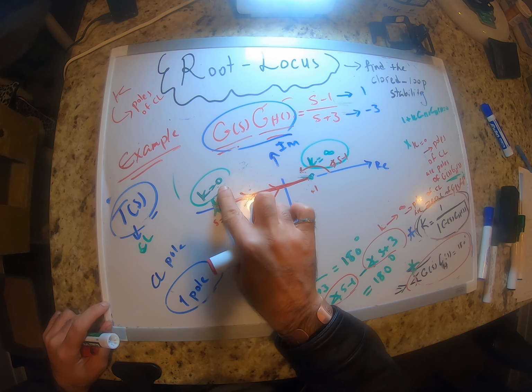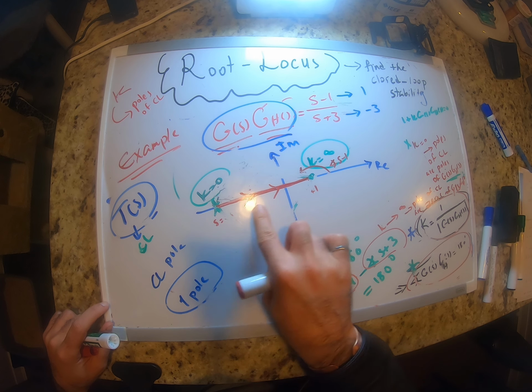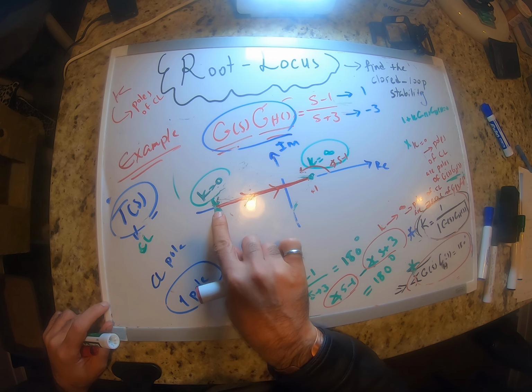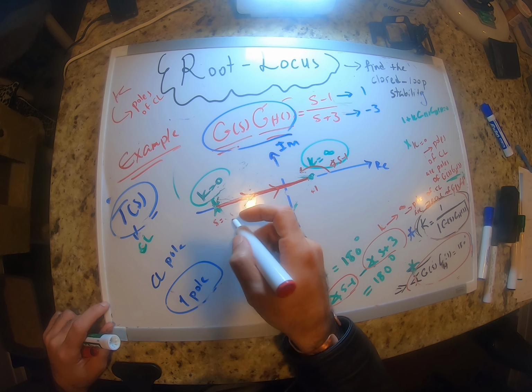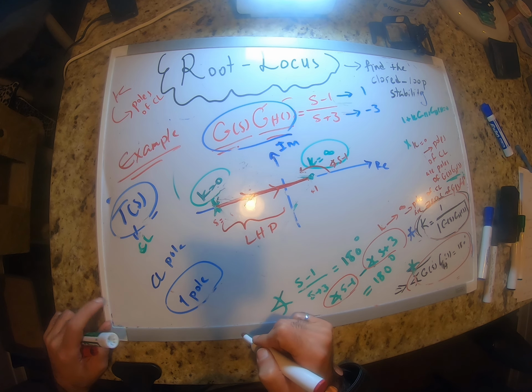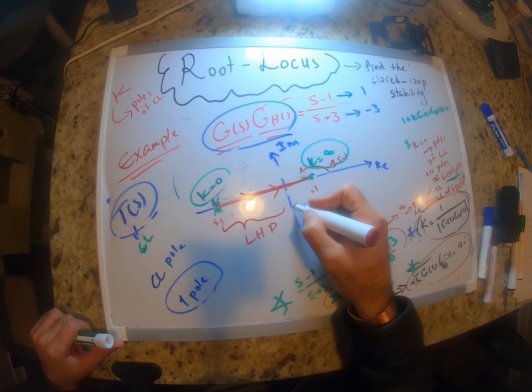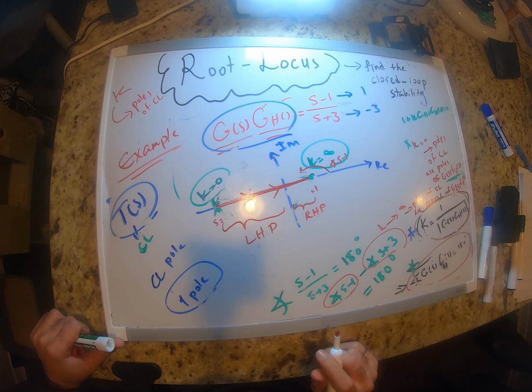So the poles of the closed loop system are basically going to move from here to here on this line. As k changes from 0 to infinity, the poles of the closed loop system are going to move from here up to here, okay? If the poles of the closed loop system are in the left-hand plane, the system is stable. If they move to the right-hand plane, the system becomes unstable.